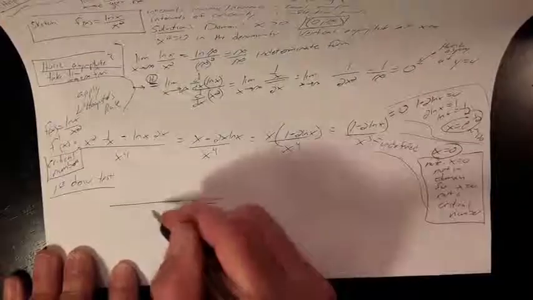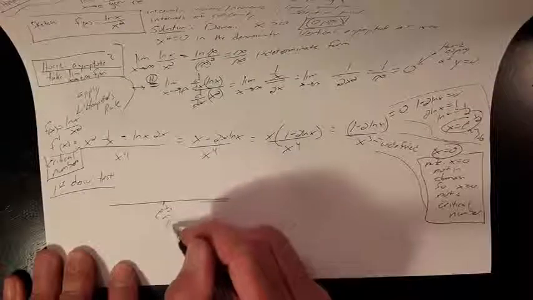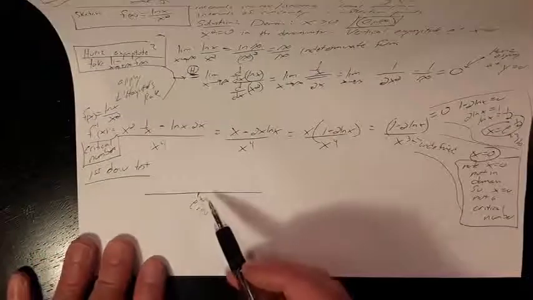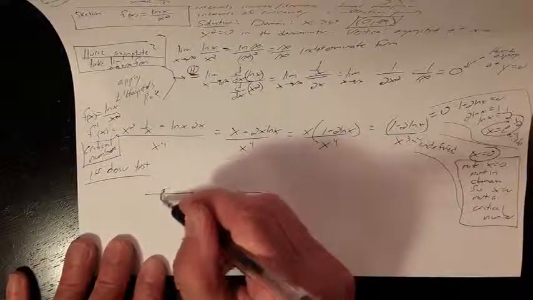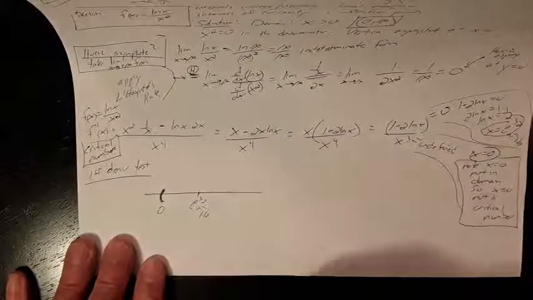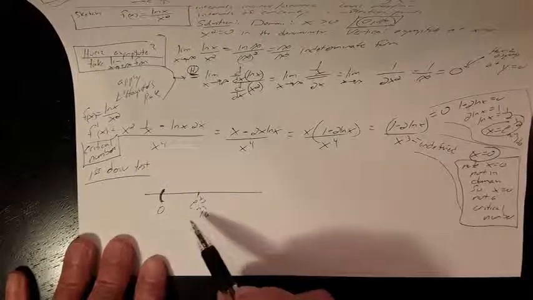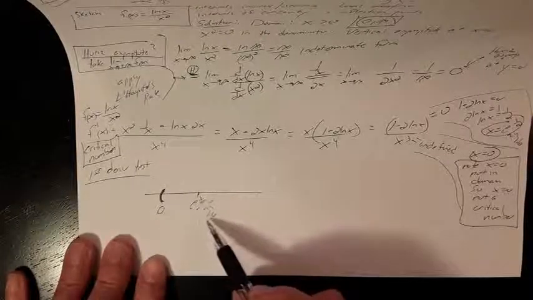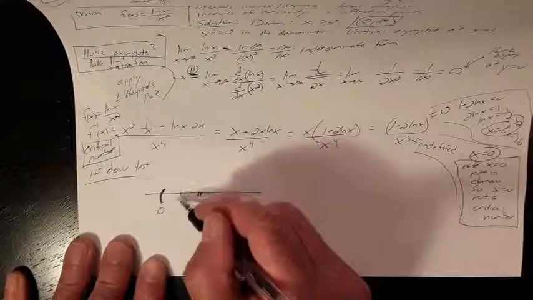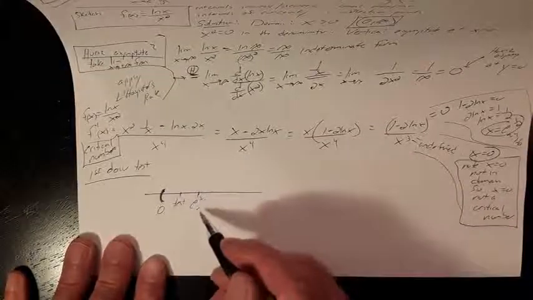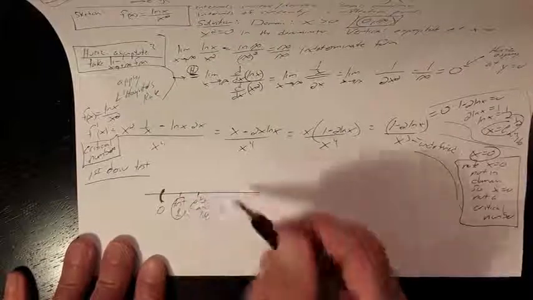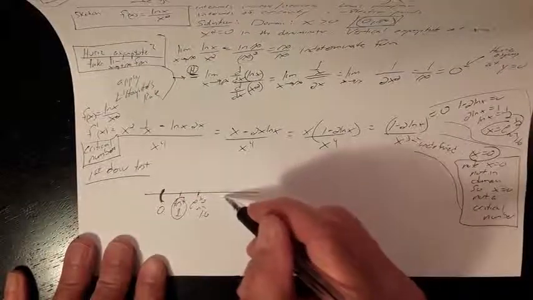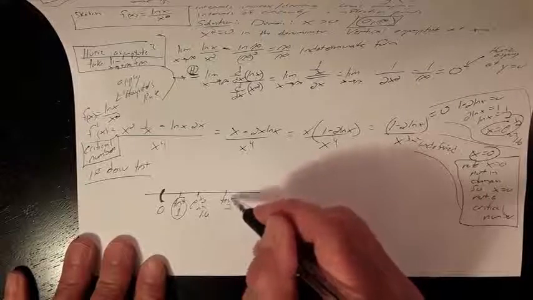It's nice to know that because this e to the 1/2 being about 1.6 means that when I want to choose a number to the left, remember we have to be in the domain, and the domain is only numbers greater than 0. So I need to choose a number in this interval, greater than 0 and less than 1.6. 1 is a nice one. See, it was nice to know that e to the 1/2 is about 1.6, because that way I could choose a nice test number here. Now a number greater than 1.6, like 2.